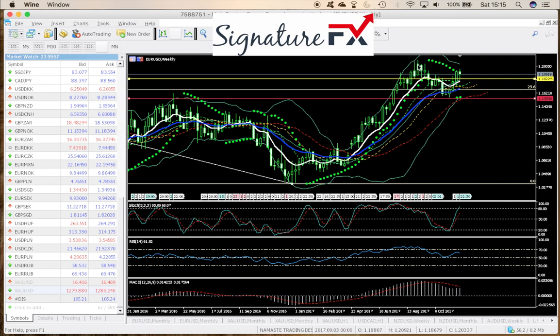But what we're looking for is a break of this 1.2092 level. So we want to see the price action continue higher this way. Once we get a positive move upward, we move our stop loss higher to lock in any profits, and then we'll reassess the situation.